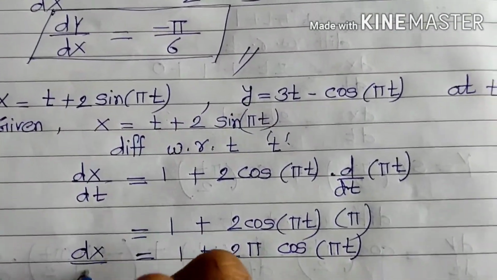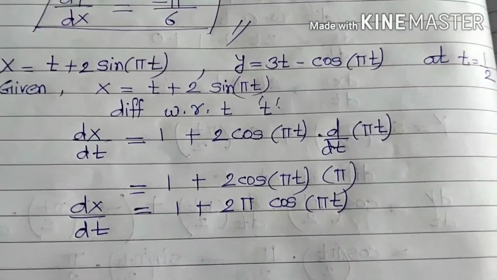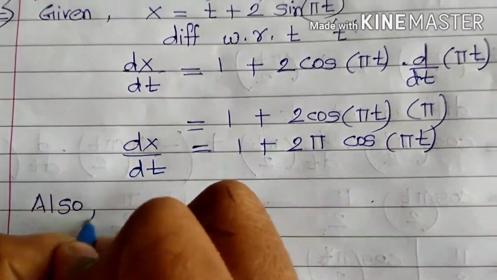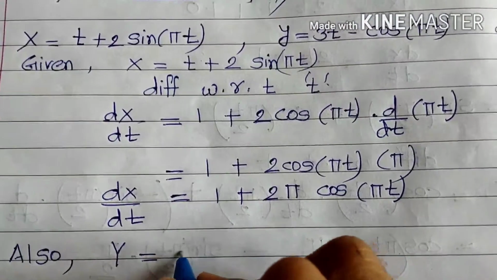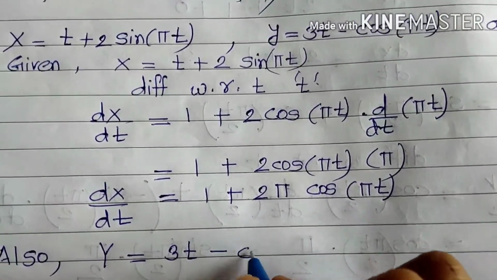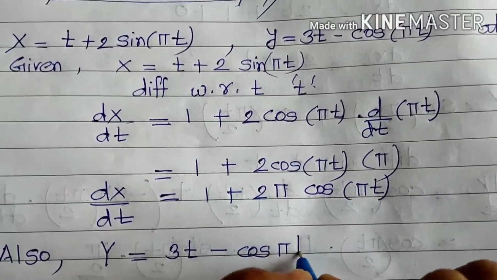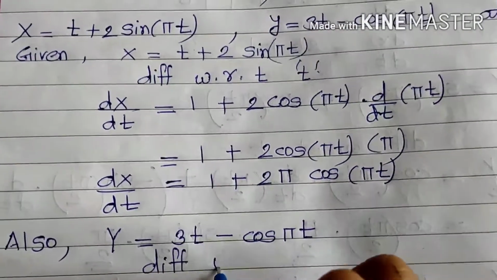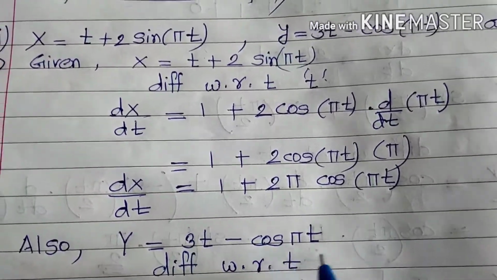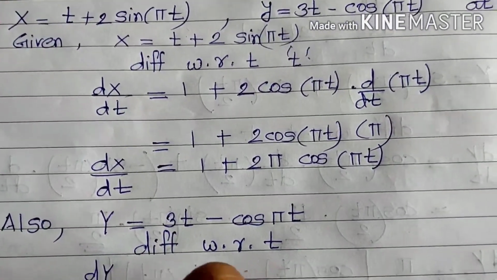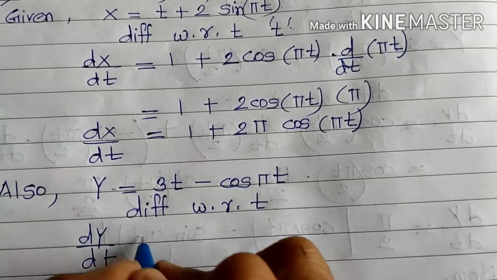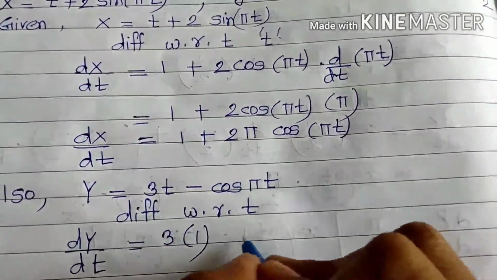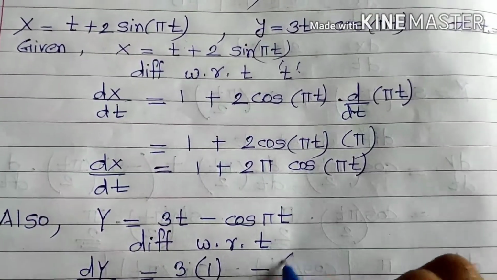That is dx upon dt. Also, y is equal to 3t minus cos pi t. Differentiate with respect to t because t is the parameter. Differentiation of t is 1 and differentiation of cos is minus sine.